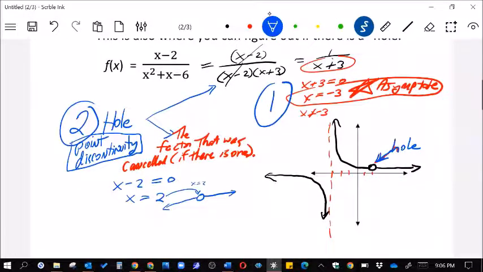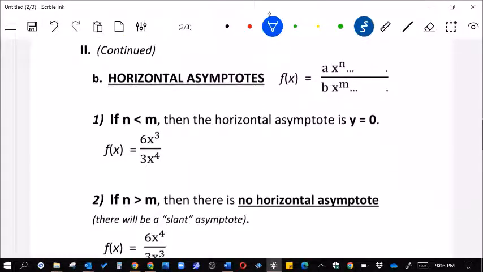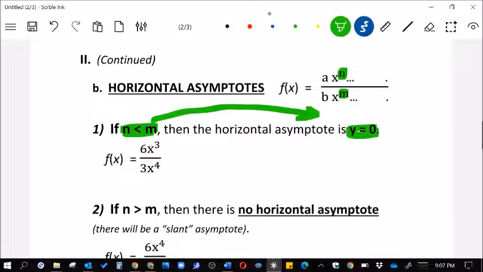Okay, now next, let's take a look at horizontal asymptotes. In the horizontal asymptotes, you are looking at the degree of the numerator and the denominator. If n is less than m, meaning the degree on top is smaller than the degree on bottom, automatically it's y equals 0.